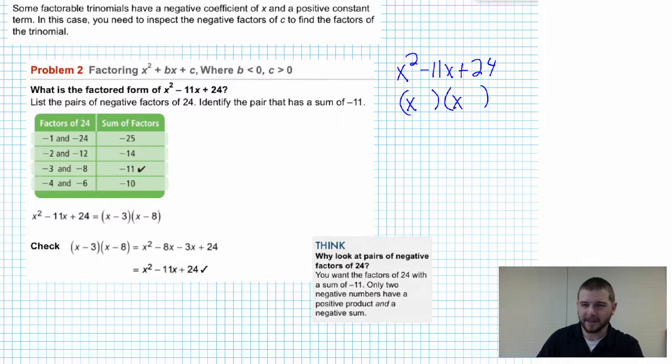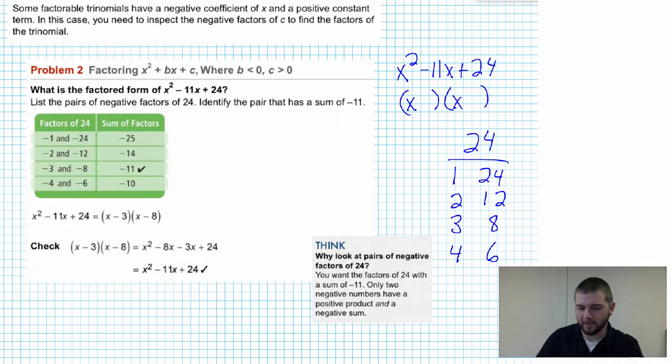I also know that our last terms need to have a product of 24. Considering the factors of 24, I'm now searching for two that when added equal negative 11.